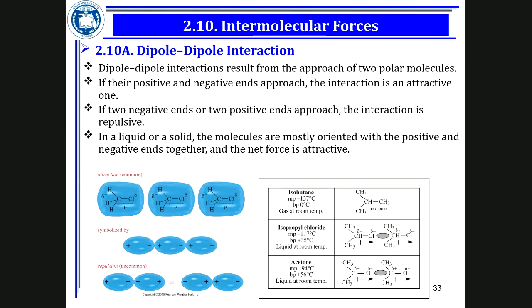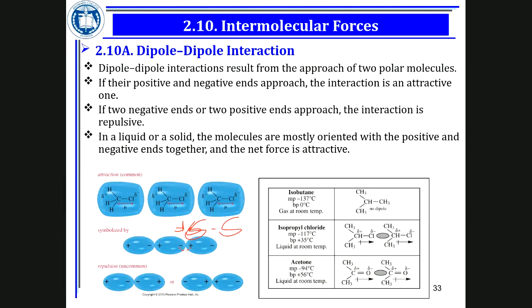So a dipole-dipole interaction exists among polar molecules, and as I mentioned earlier, your polar molecule is going to have a positive side and a negative side, so partially positive, partially negative. The attraction is between opposite charges, opposite sides of the molecules are going to attract each other.